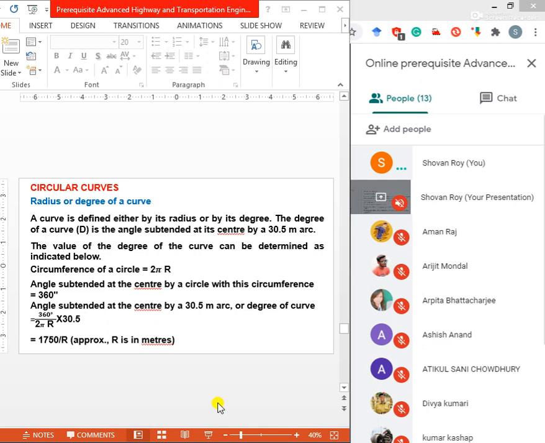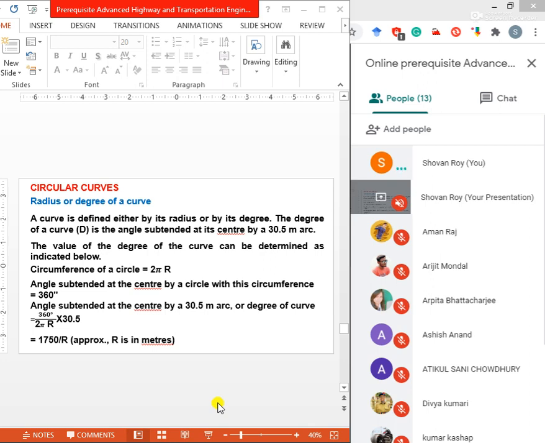So 360 degrees, as we know, is the subtended angle for a circle, at the one point at the center of the circle.